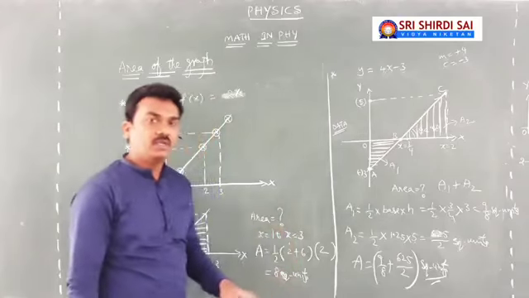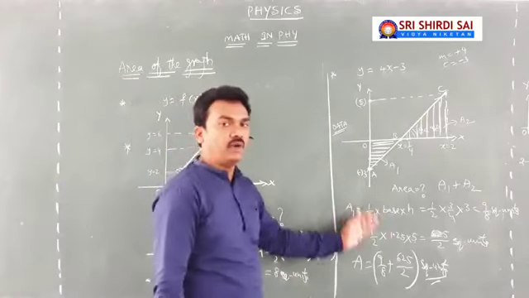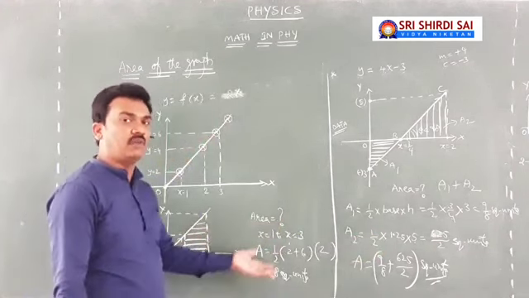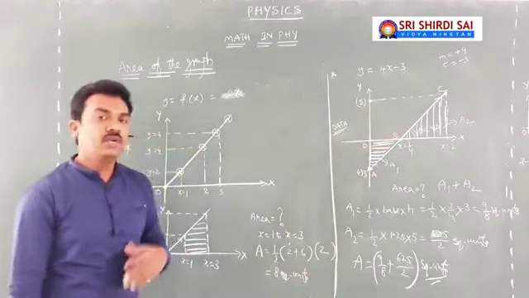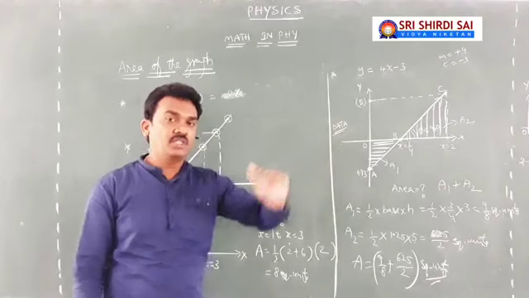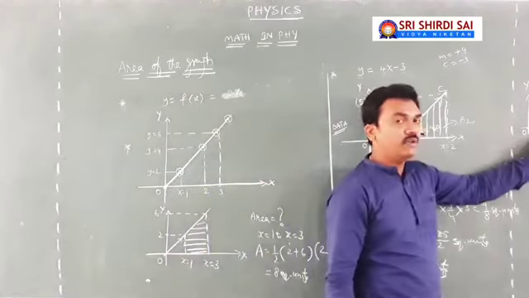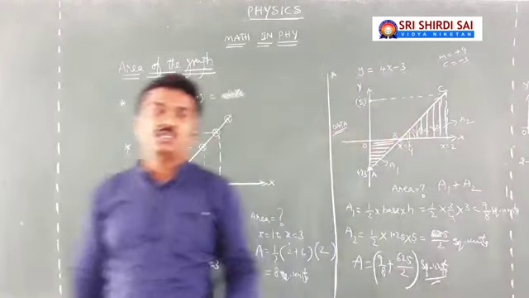a particular shape in geometry. If it is a regular geometrical shape, you have some formula, either area of triangle or area of rectangle, area of trapezium, however it is. But in the case the graph is a curve, we don't come across a particular geometrical shape. Then how to calculate this area covered by the graph from x equal to 2 to x equal to 4, which is the shaded portion?